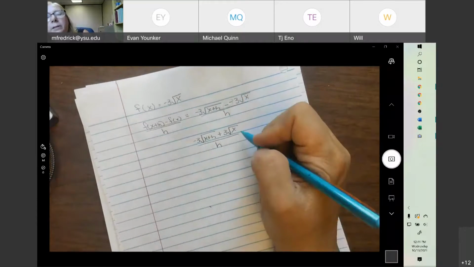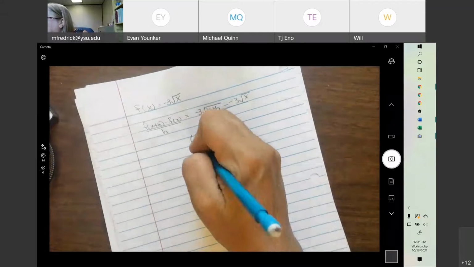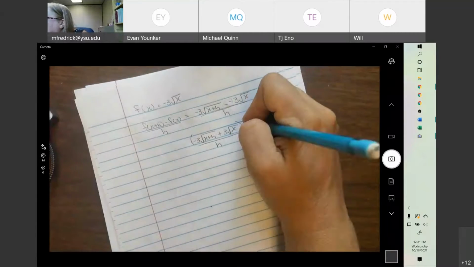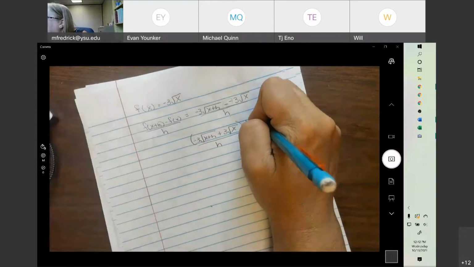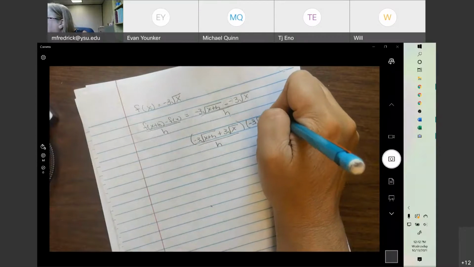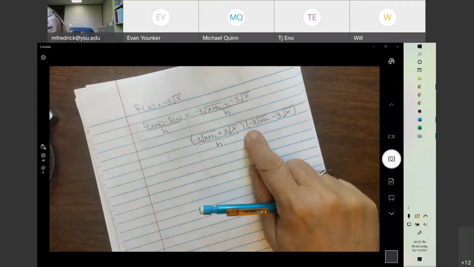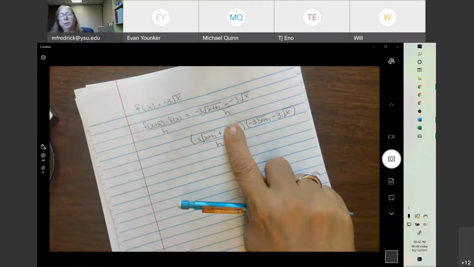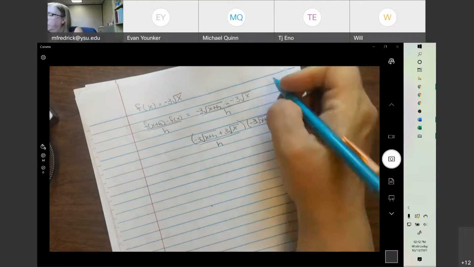Now what you want to do is multiply top and bottom by the conjugate. The conjugate is the same thing but the opposite middle sign. So we want to multiply top and bottom by this. When you have square roots, using the conjugate helps simplify things.